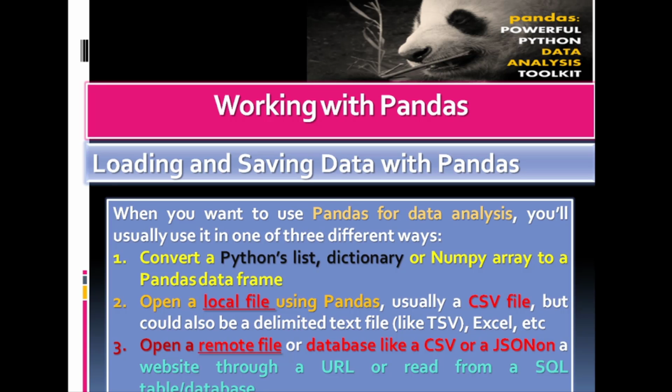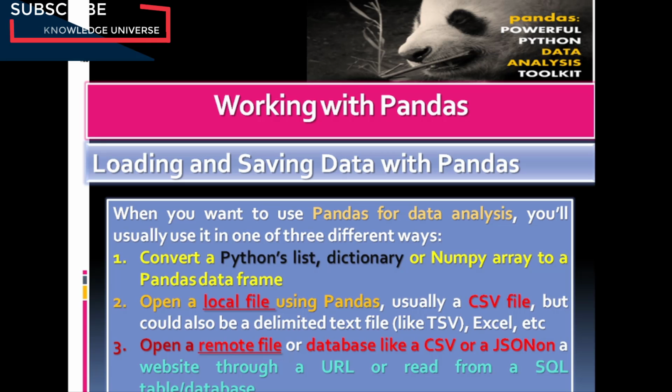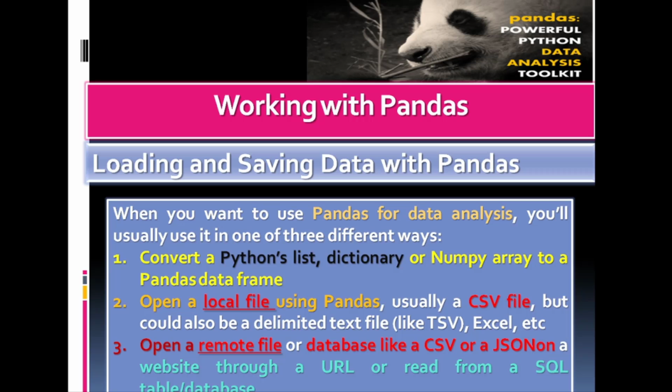When you want to use Pandas for data analysis, you will usually use it in one of three different ways. The first way is to convert a Python list or dictionary to a Pandas data frame. Afterwards I will teach you what a data frame is. Or you can open a local file using Pandas.